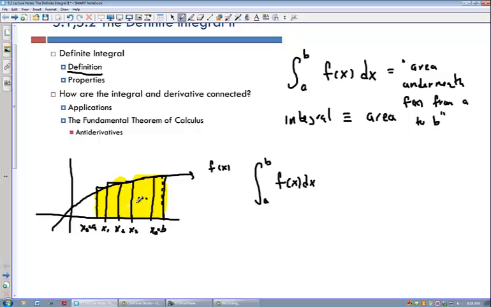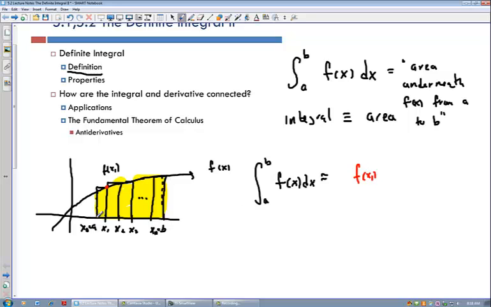So a bunch of little rectangles, and we can add up their areas. If we want to approximate it, we just take this height, which would be f of x sub 1.